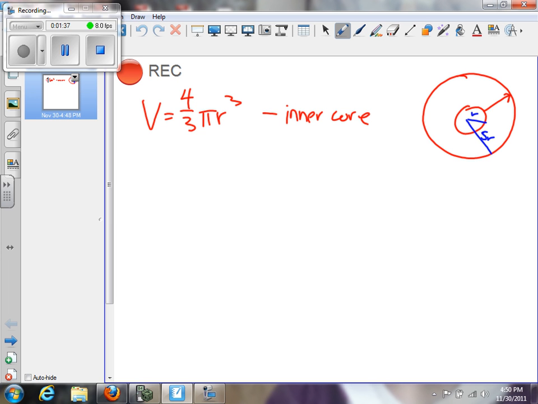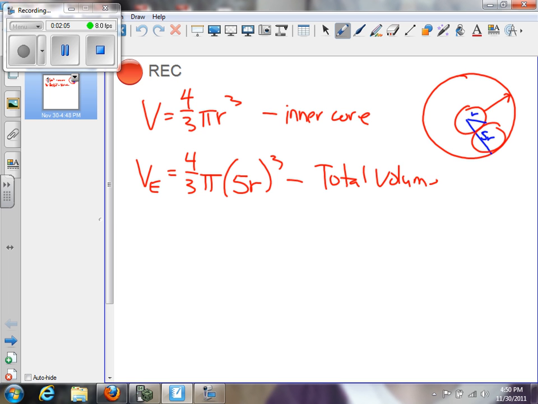Well, the volume for the total Earth, we'll call it V sub E, is equal to 4/3 pi r cubed also, but in this case our r is 5 times as great as the radius of the inner core, so I'm going to make it 5r cubed. We'll call that the total volume. And the question is asking, what's the ratio of total volume to the volume of the inner core?